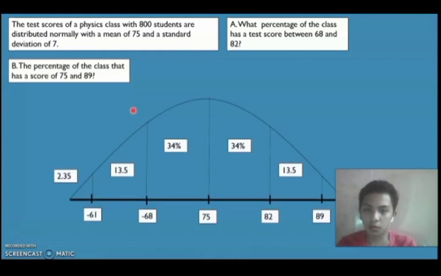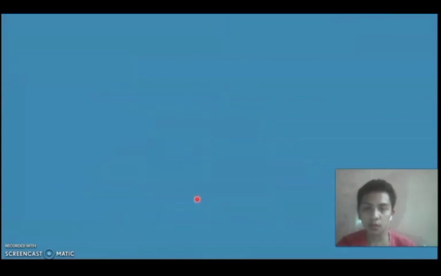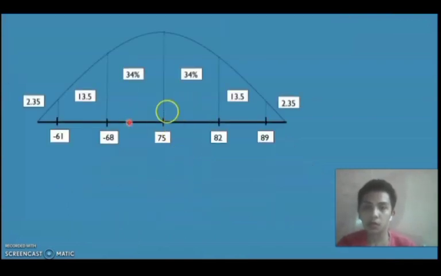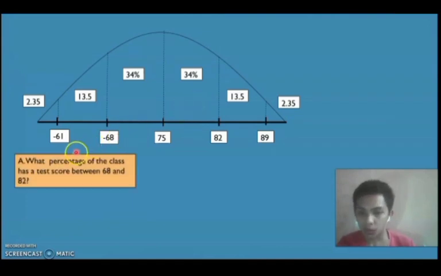Let's draw a diagram here. It's just like the diagram earlier. And here is the data set.